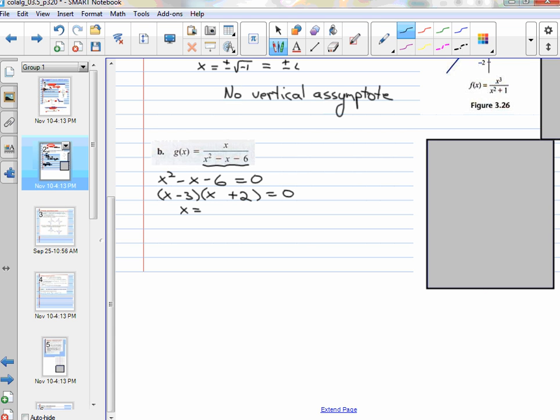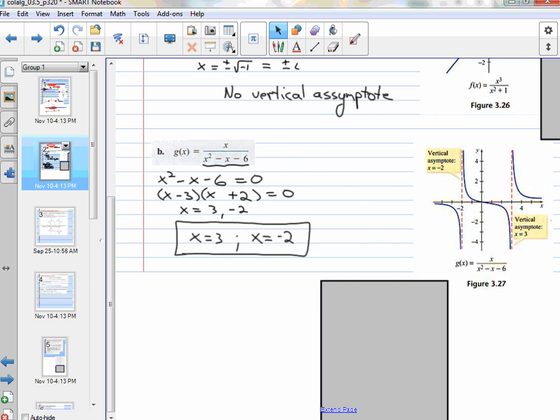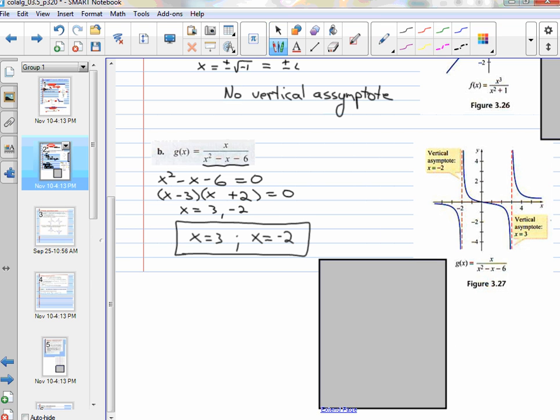So what values of x make it equal 0? 3 and negative 2. So the vertical line x equals 3 and the vertical line x equals negative 2 should be the vertical asymptotes. There's the graph of it. And sure enough, x equals negative 2, x equals 3. There are the vertical asymptotes.